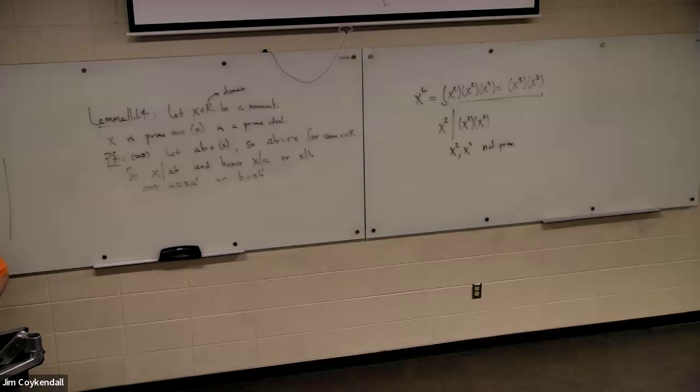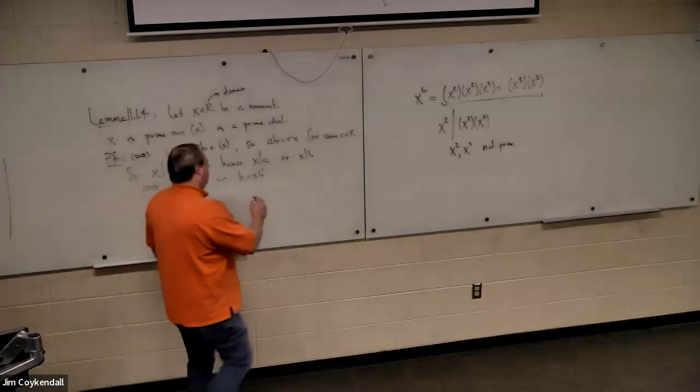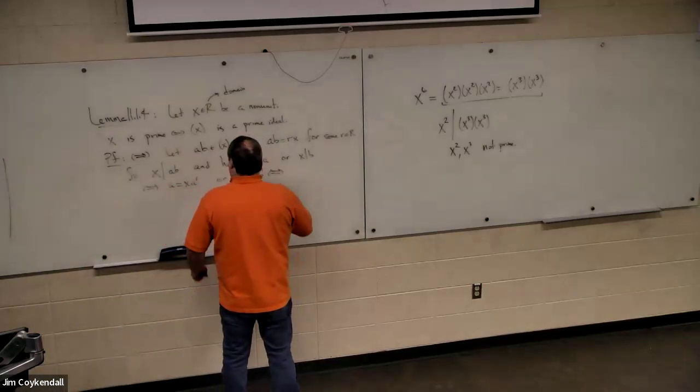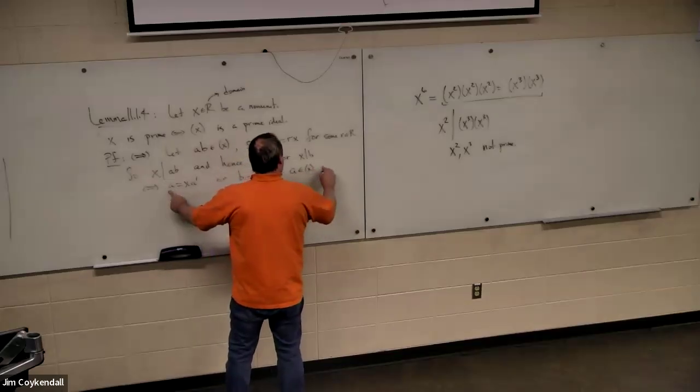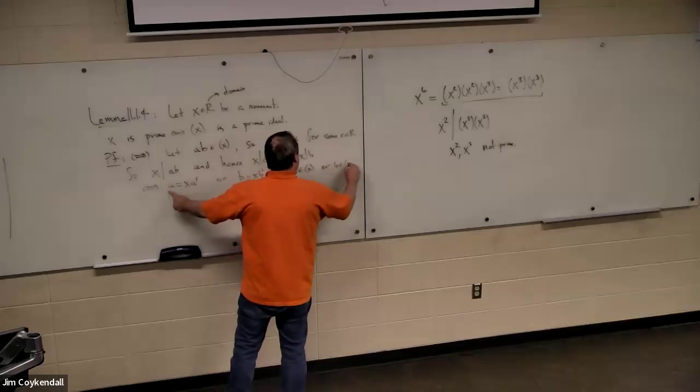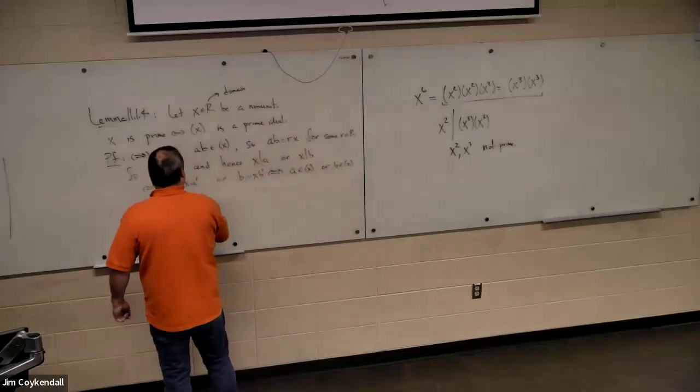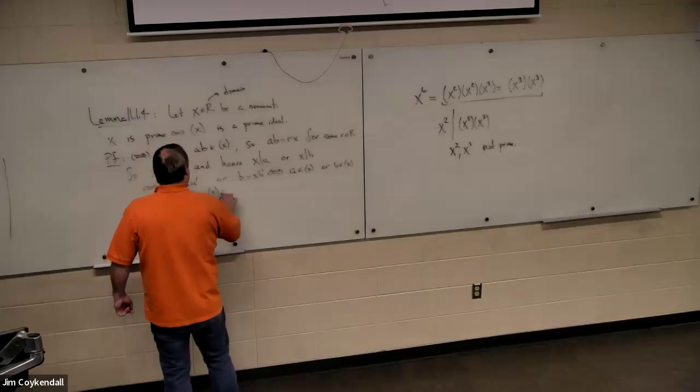And this is equivalent to A is in the ideal generated by X, or B is in the ideal generated by X. So the ideal generated by X is prime.